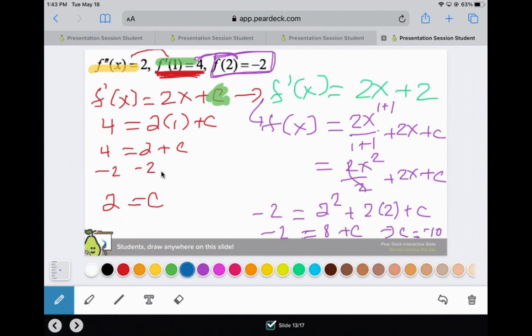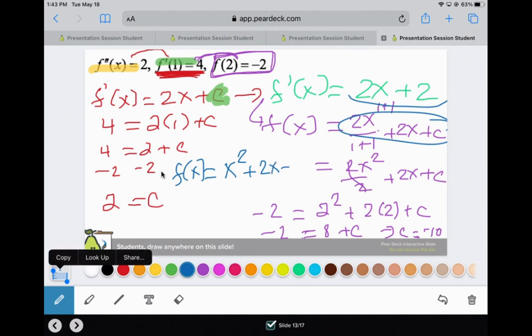So right now my final function, the original function, will be x squared plus 2x minus 10. So that is the original function. And when I'm taking the derivative, the 10 disappears, and we're trying to figure that out.